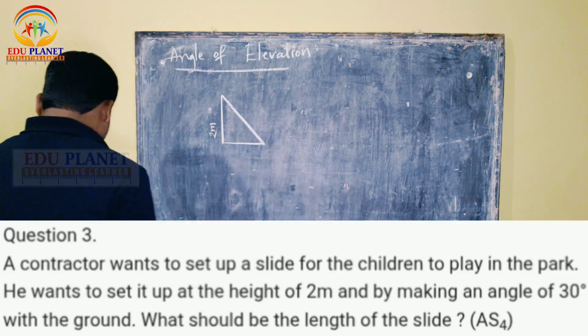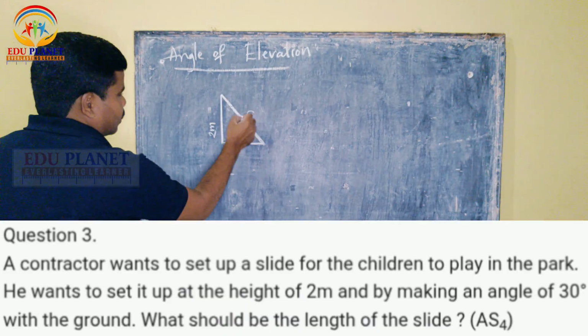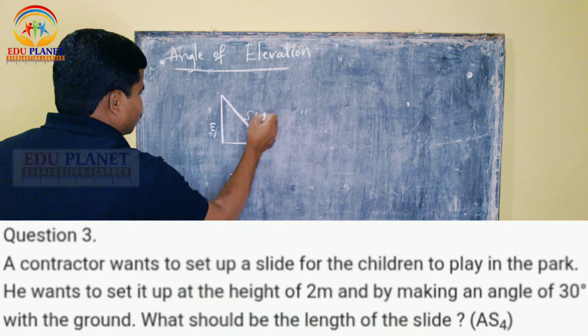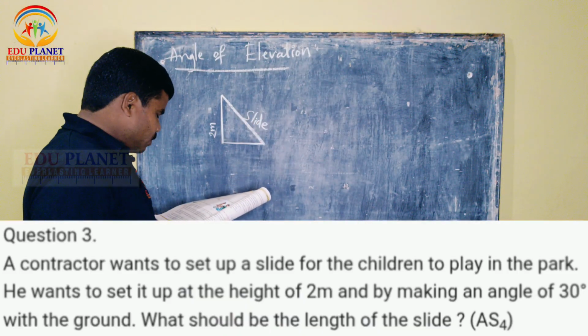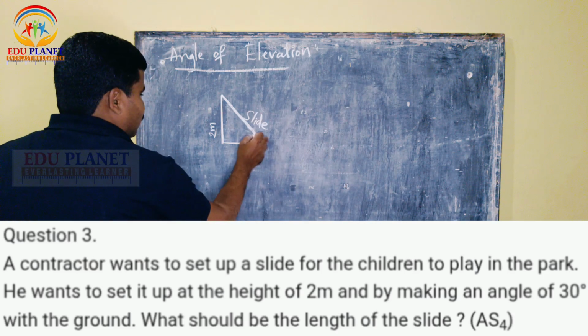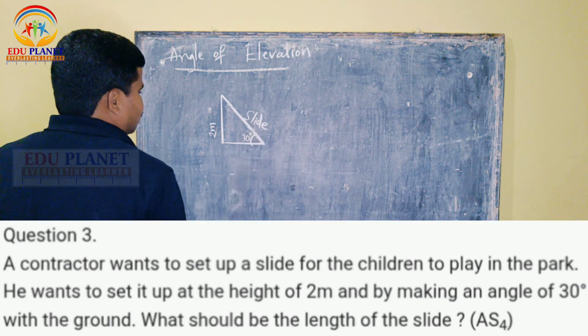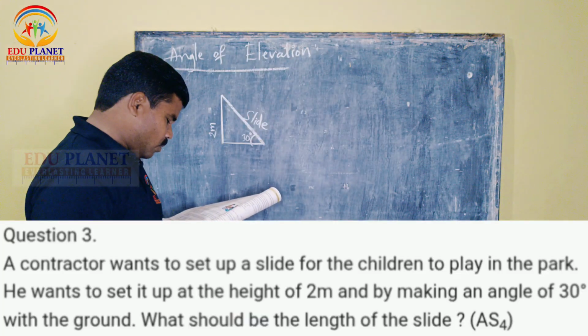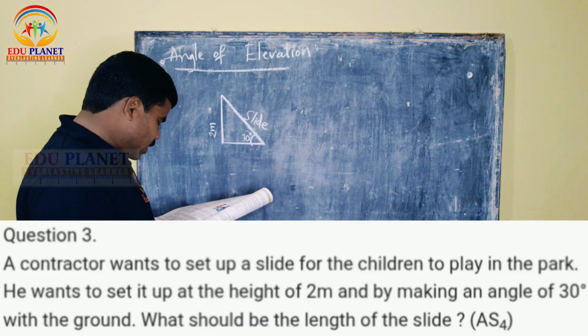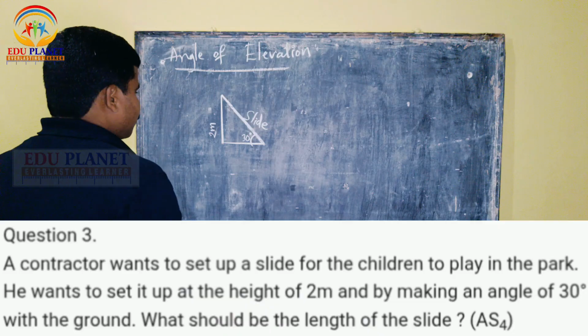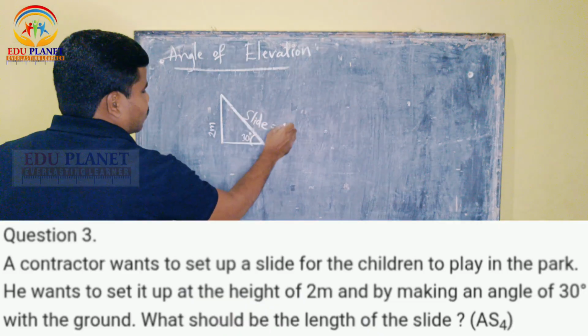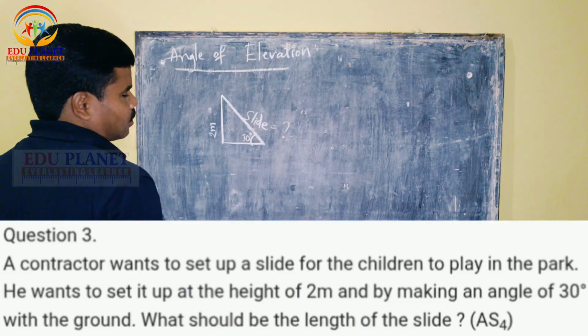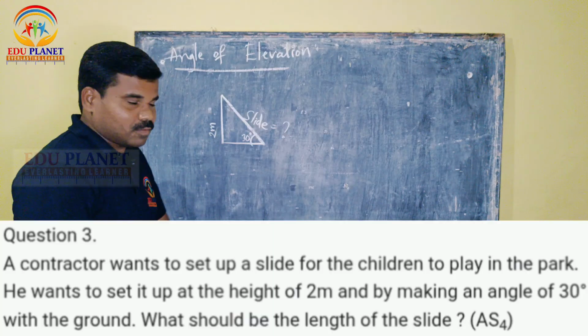This is the ground and this is the slide. It is making a 30 degree angle with the ground. What should be the length of the slide? Slide length we need to find. This is our question. We will try to solve it.